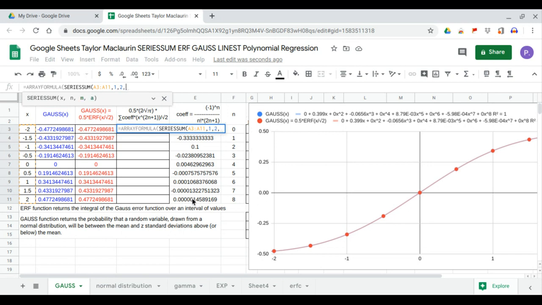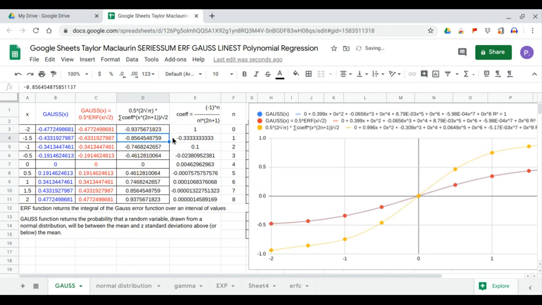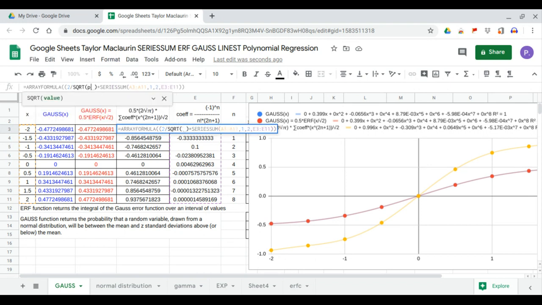And last, the coefficients. Enter. Then we can enter the factor in the 2 over square root of pi. So we can factor in 2 over square root of pi.